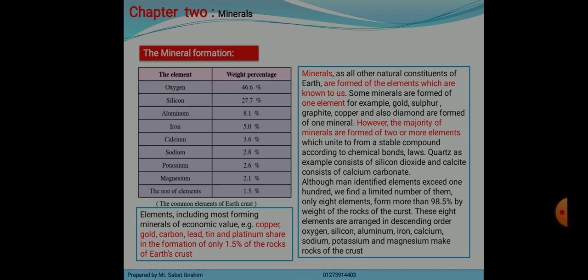However, the majority of minerals are formed of two or more elements, which unite to form a stable compound according to chemical bonding laws. Quartz, for example, consists of silicon dioxide and calcite consists of calcium carbonate.